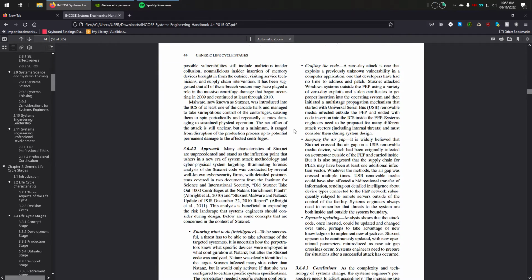Crafting the code. A zero-day attack is one that exploits a previously unknown vulnerability in a computer application, one that developers have had no time to address and patch.